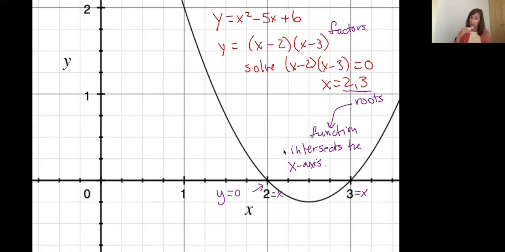Same deal here: when you're setting one variable equal to 0, that's where the function is intersecting the other axis, where you have no deviation in the other direction. So that's kind of the graphic interpretation of those roots that we were finding in lesson 1. Okay, so far so good.